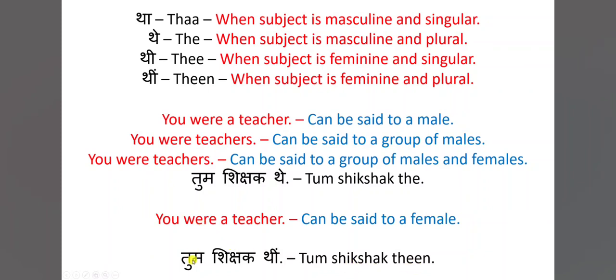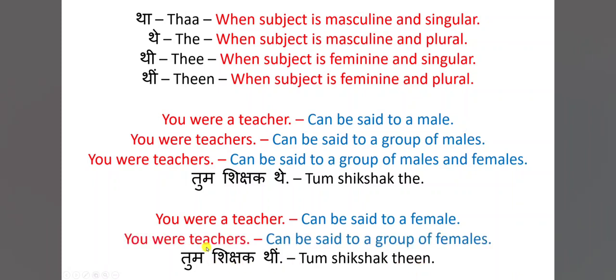We know that तुम is by default plural, and so for feminine plural we use थी. Okay? Now, this very sentence can be said to a group of females too, to mean you were teachers. This is singular, this is plural. The same Hindi sentence can be said to a single female or a group of females.